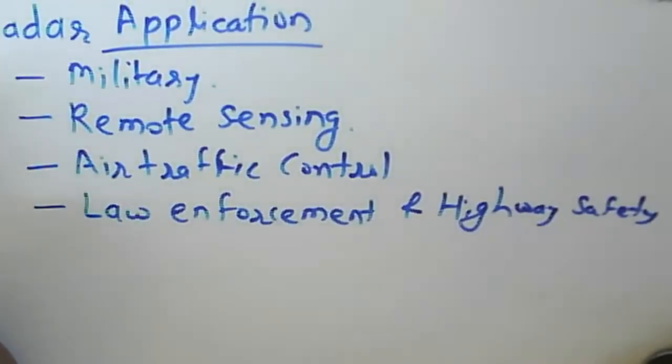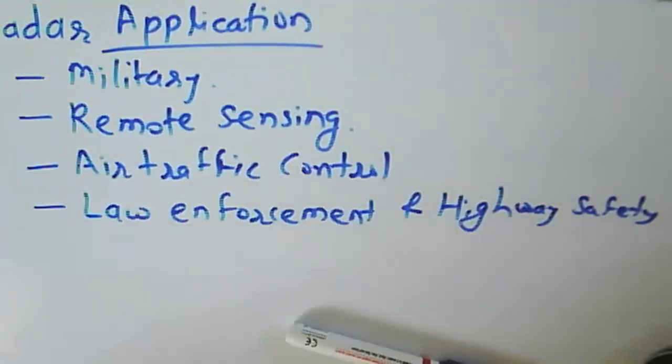It is useful for measuring the speed of vehicles. Generally, for a particular highway or road, there is some speed limit mentioned. So to observe the speed of the vehicle, that radar is used to measure the speed of the vehicles.